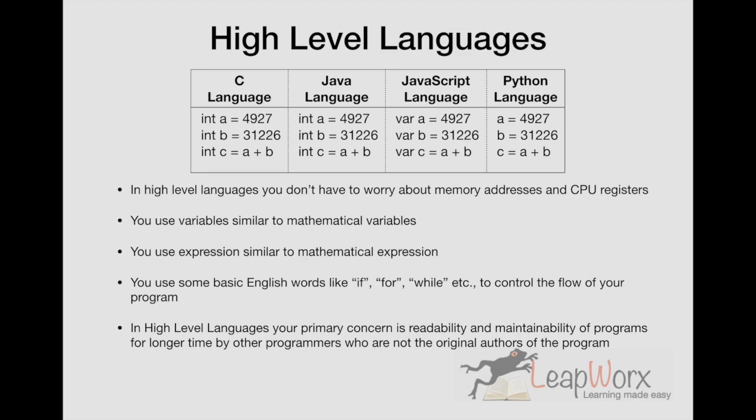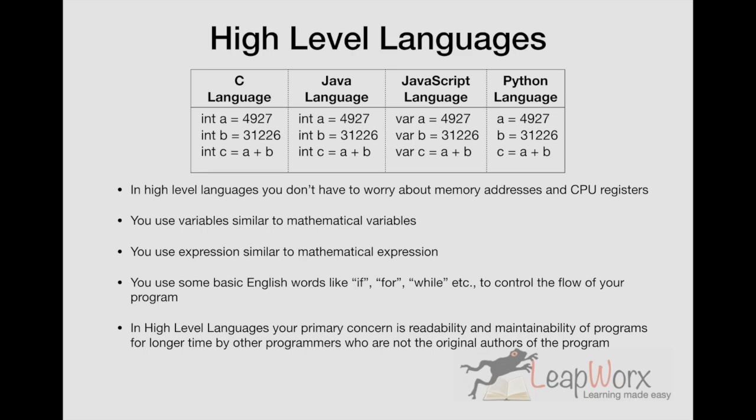So the real reason why we have high level languages is that it's more about readability and maintainability. Programmers are very expensive because they study a lot, so paying programmers is a lot of money. And if your program is not readable, then your program is useful only until the programmer is there.